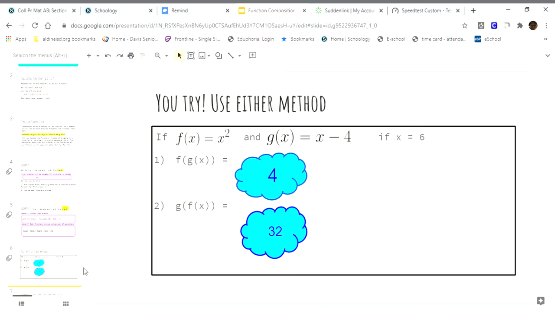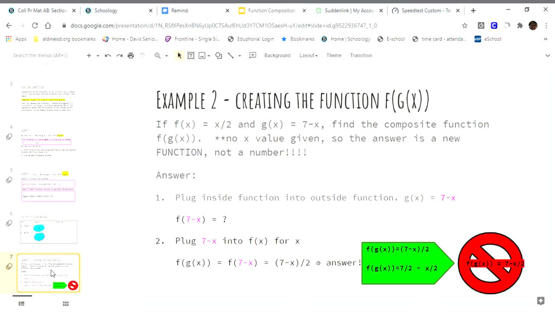Okay? If I don't give you a value for x, then you can still do composition of the functions, but your answer is going to be a composite function. So let's say f of x is x divided by 2. g of x is 7 minus x. I want you to find the composite function f of g of x.